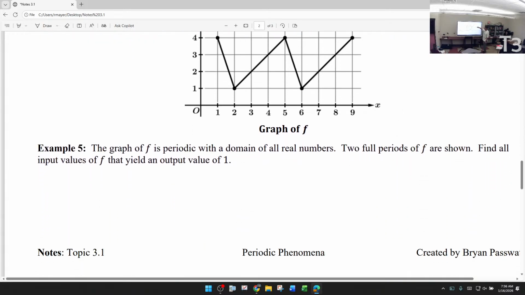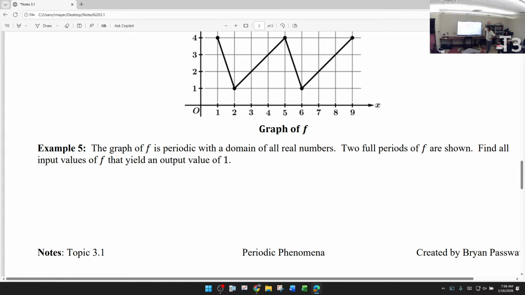Example number 5. The graph of f is periodic with a domain of all real numbers. That means it starts at negative infinity and goes to positive infinity. Two full periods are shown.